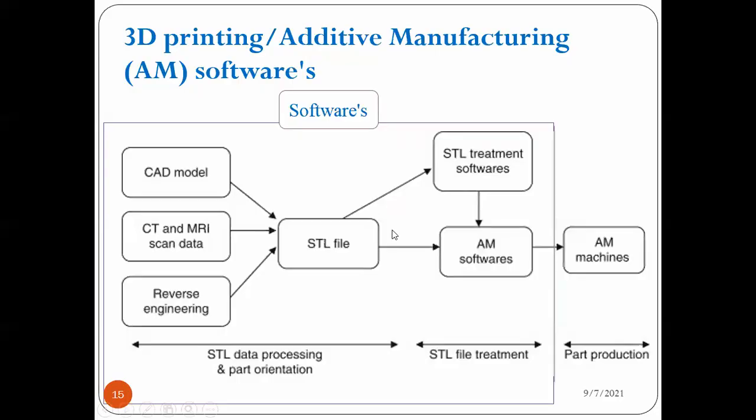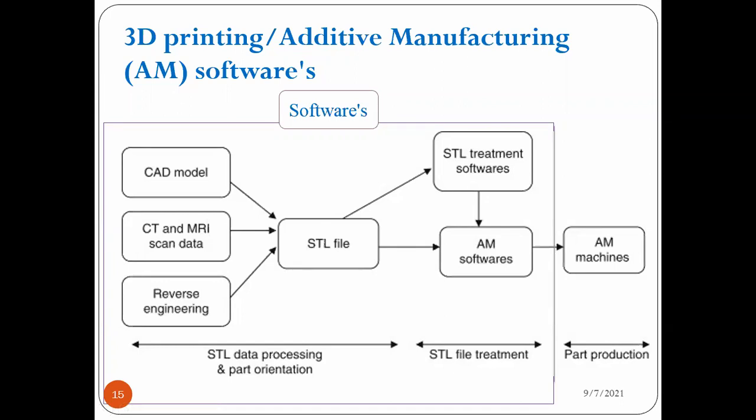Now you can see here, using the CAD modeling technique, using the CT and MRI scan data, using the reverse engineering techniques, we are developing the STL files. This STL file we process with STL treatment softwares, because suppose when I'm converting the medical data, it is not good; some errors are there.